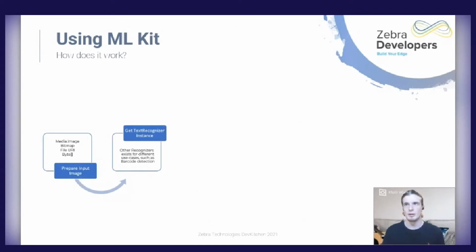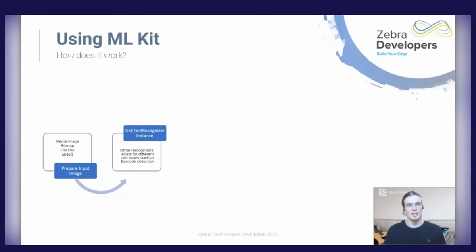Once you have that input image, you then need to create an instance of the text recognizer class. For this use case, I've just picked the simplest one, which is just for recognizing text, not to worry about face detection or anything like that. If you want to use some of the other APIs, they have different classes for the different detections. If you want to perform barcode decoding, for example, you would initialize a barcode recognizer instance.